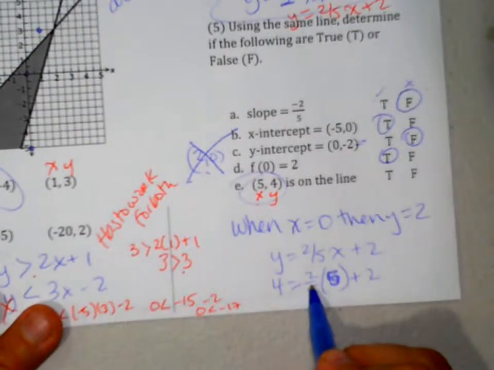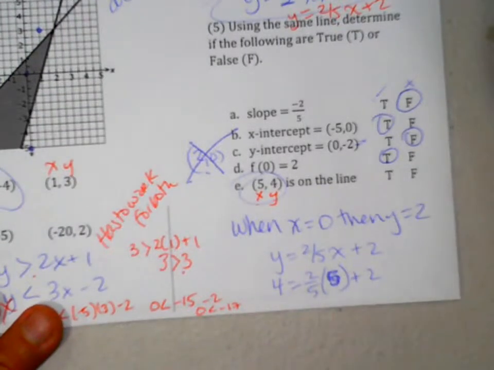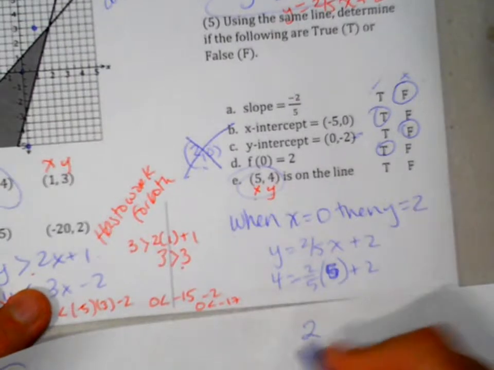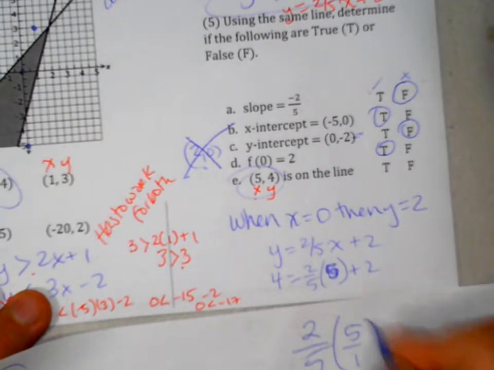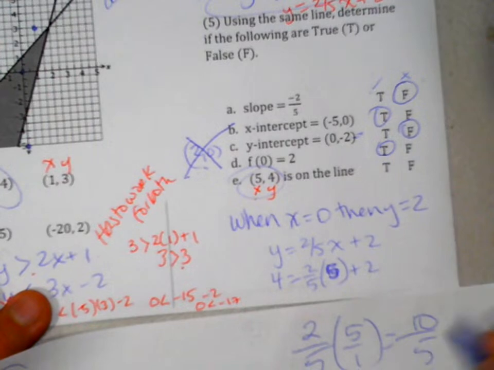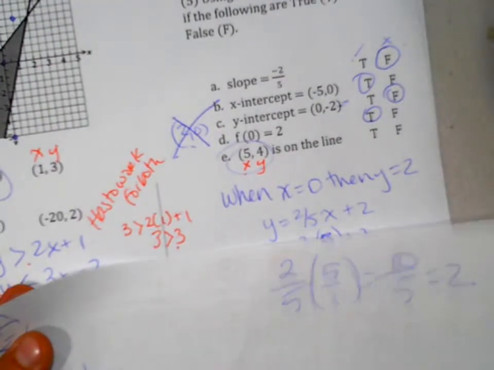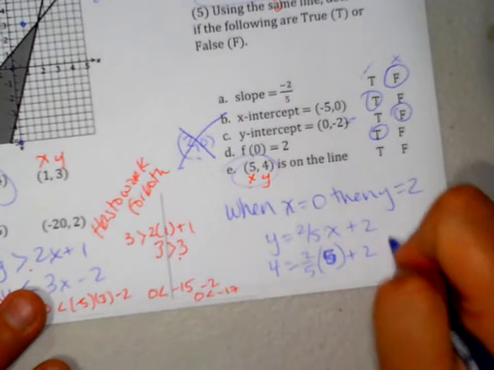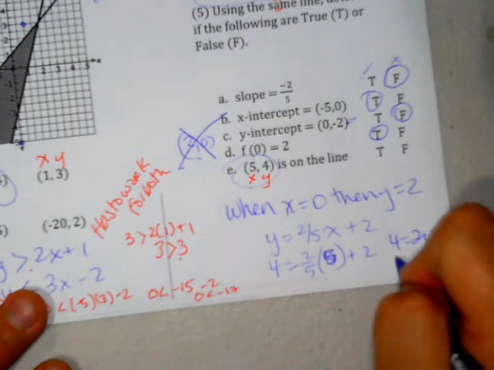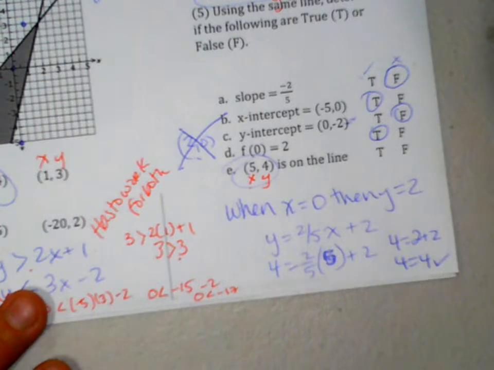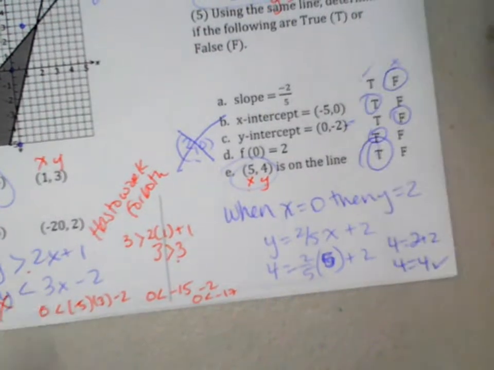Let's deal with this fraction. I've got 2/5 times 5 over 1 gives me 10 over 5, which equals 2. So I've got 4 equals 2 plus 2. 4 equals 4. Yes, it does. So this guy is on the line.